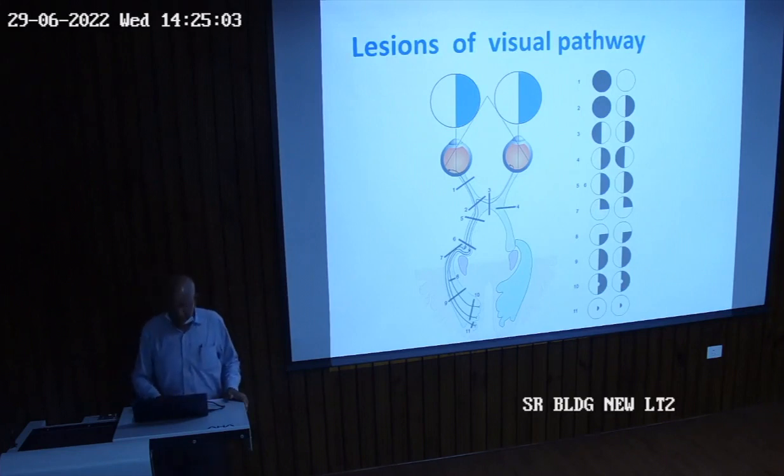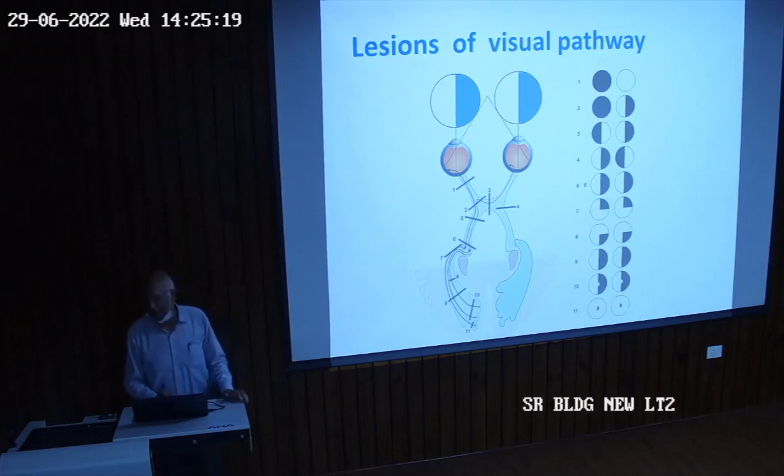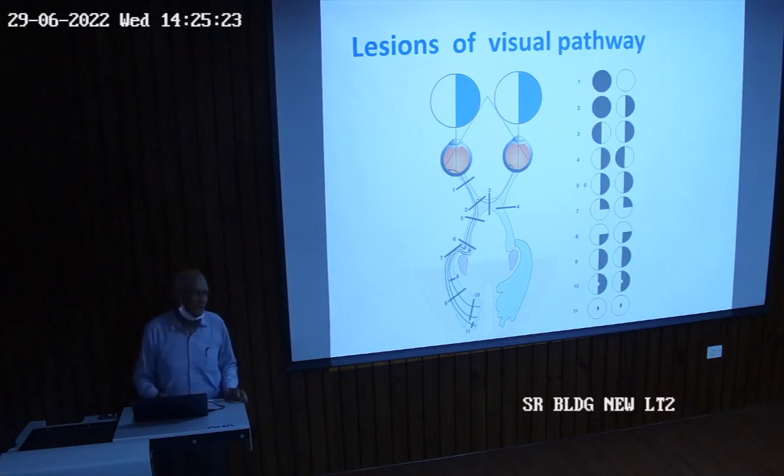And lastly, this is the gunshot of the posterior lobe. If there is a gunshot injury there, only the macula is involved, otherwise the rest of the fibers are normal. These are some lesions of the visual pathway.